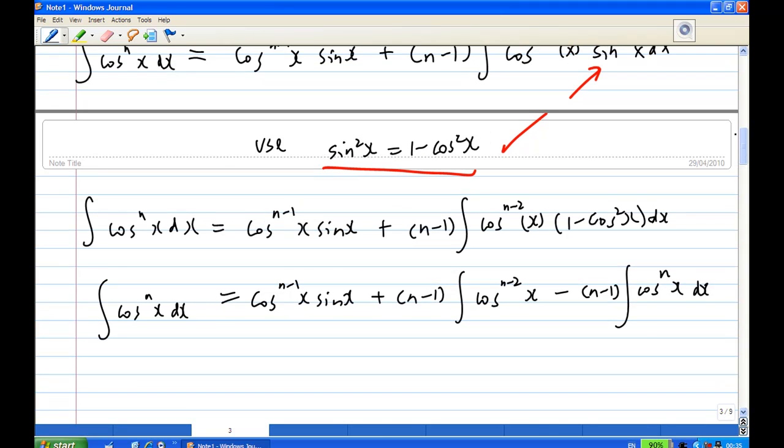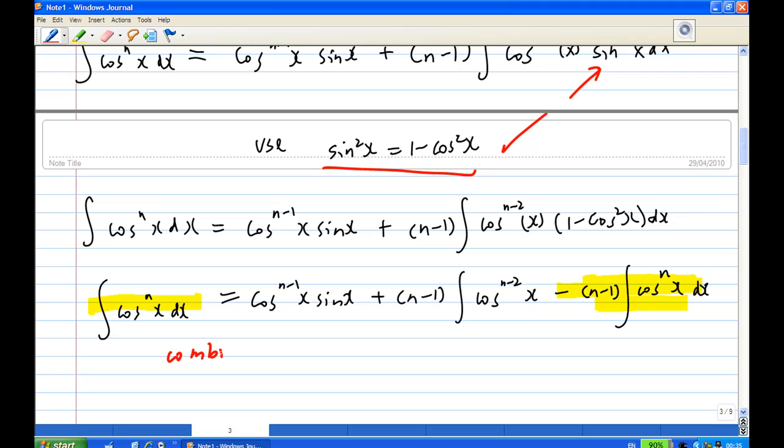So we start with the integral of cosine x with power n, and then end up like this. Now you notice the similarity: this term and the last term are actually identical, so you can combine them together.